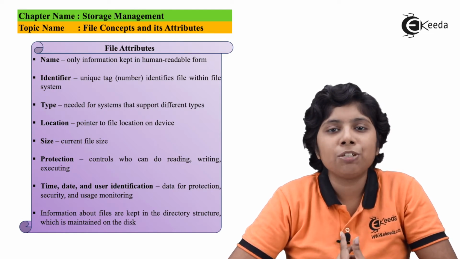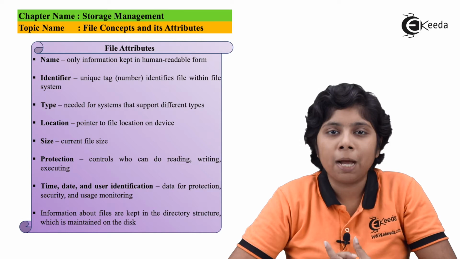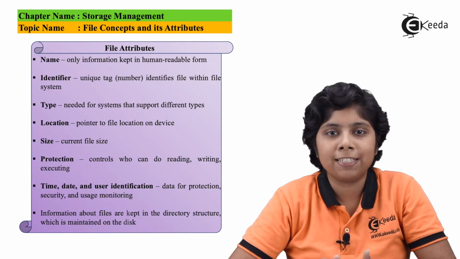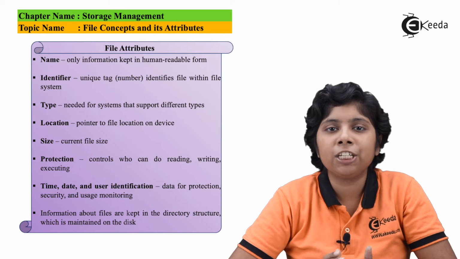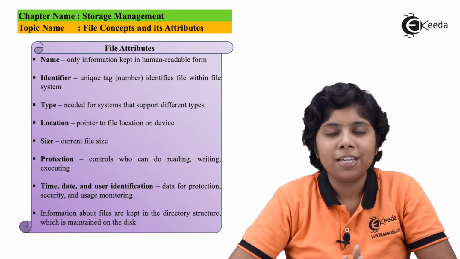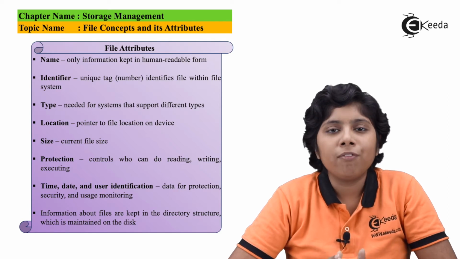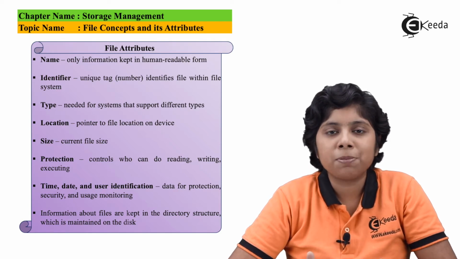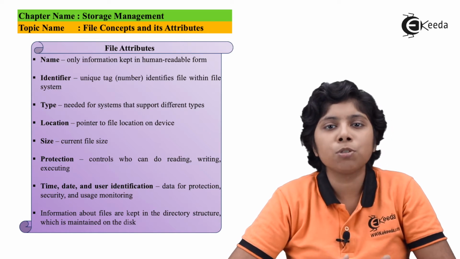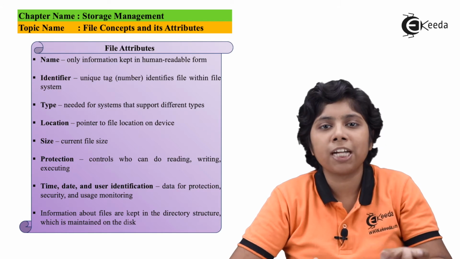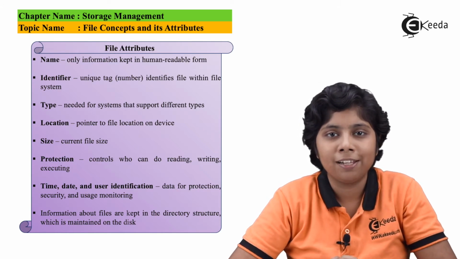The file tag is a unique tag, possibly a number, which is used to identify a file within a file system, and it is not in human-readable form. The next attribute is type. Text, numeric, alphanumeric, binary, source or executable files are all considered different types of file.